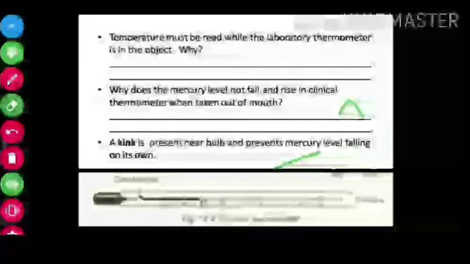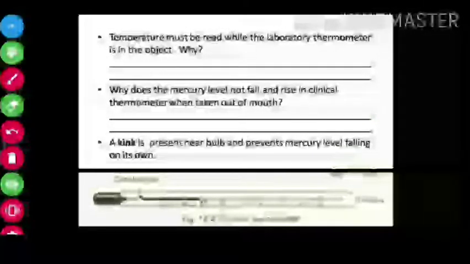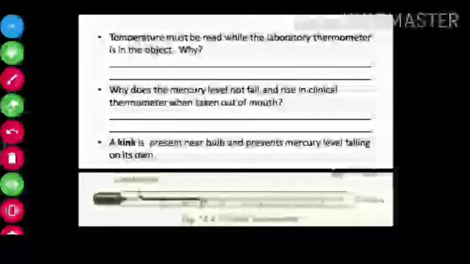Here I have given two questions. The first one is: temperature must be read while the laboratory thermometer is in the object. I already told you, when you are using the laboratory thermometer for measuring, the bulb of the thermometer has to be surrounded by that object. Why should you keep it surrounded by the object and read the temperature?